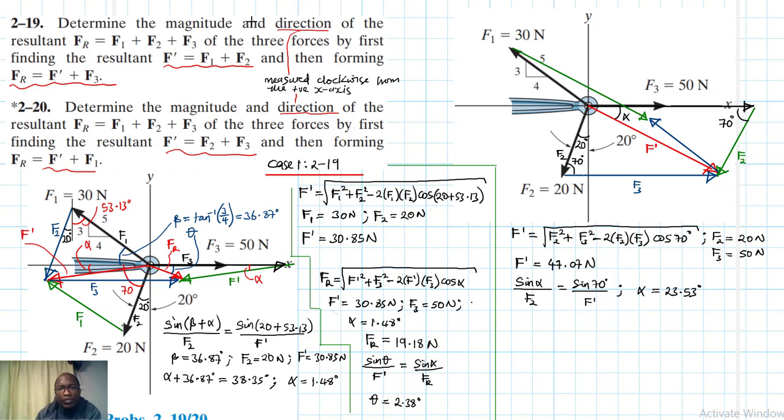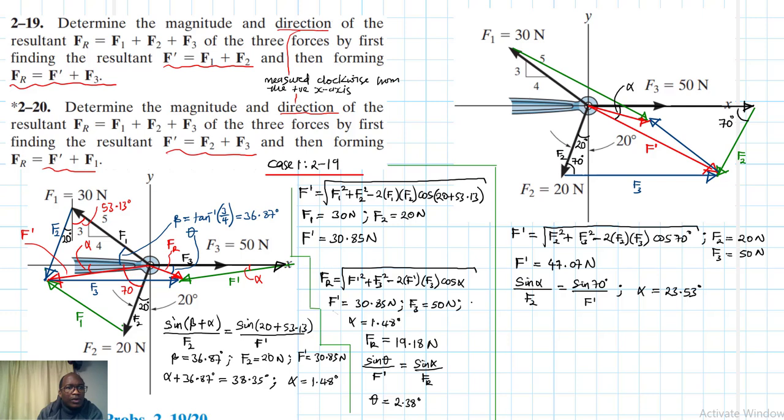This angle here is disturbed, so let me write it somewhere. I move an arrow like so, and call it alpha, and I draw my resultant from this point to there, like so.